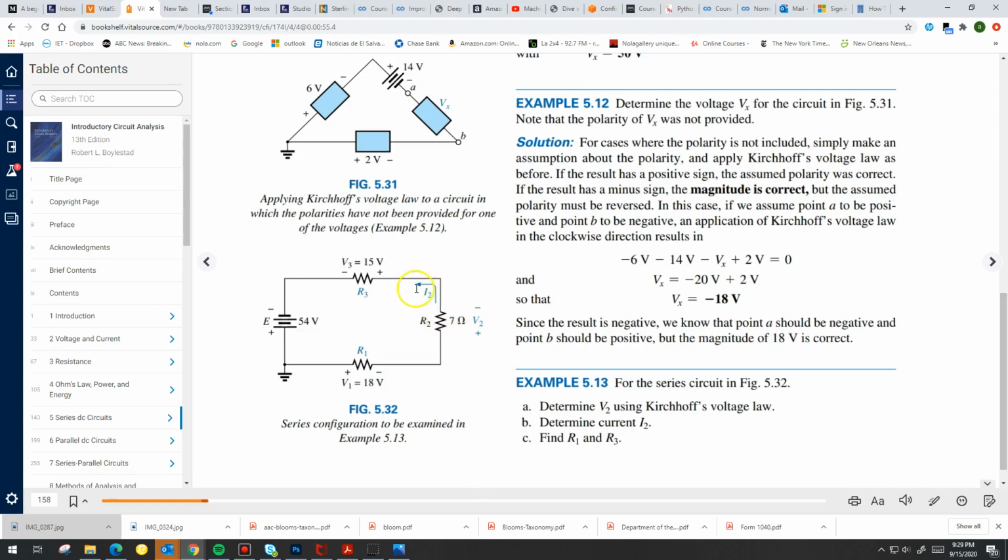That gives me this current. And now look at this side. If I know the current, which I already found as I2, using Ohm's law I can solve for R3. Same thing here, using Ohm's law I can solve for R1. So the point again is that even without solving for a specific number, I already know how to solve the problem. You notice that, right? If you get used to doing that, I can guarantee you it's going to be a lot simpler for you to solve problems like this.